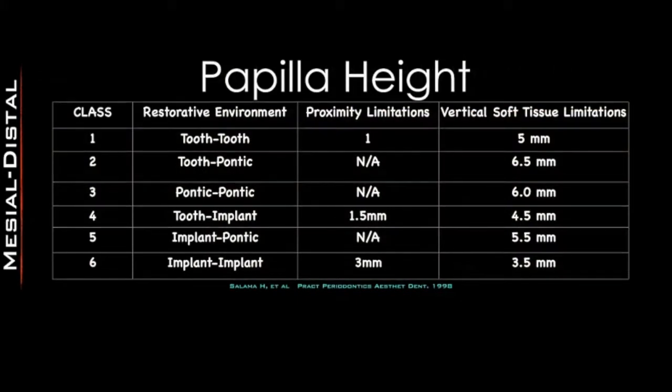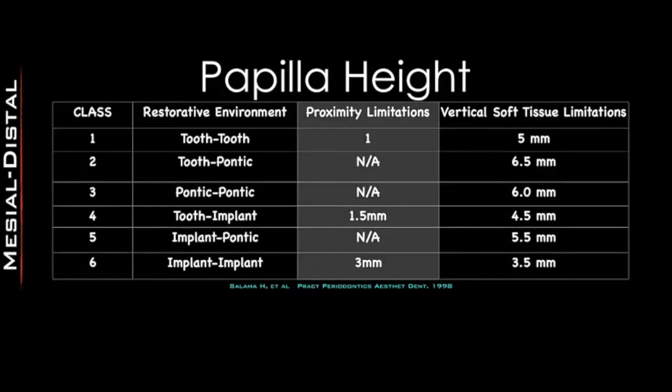So in 1998, the Salama brothers came up with this chart that you're seeing right on the screen. Basically, they gathered the information from a lot of researchers and put all that information into this chart, and they wrote a paper about it. So what they saw is that if you have two teeth, they need to be at least 1 millimeter apart in order for you to recreate a papilla that's going to be 5 millimeters in height.